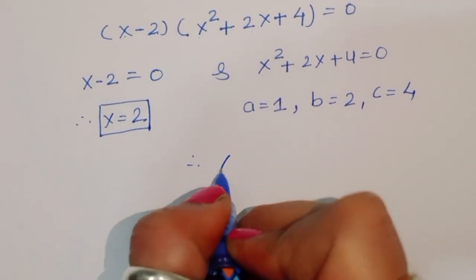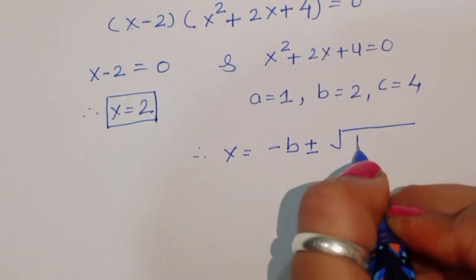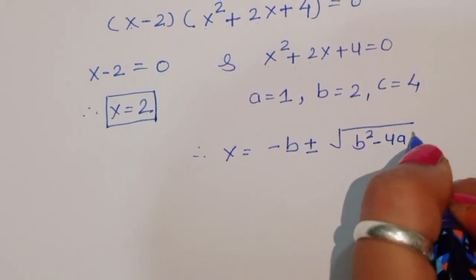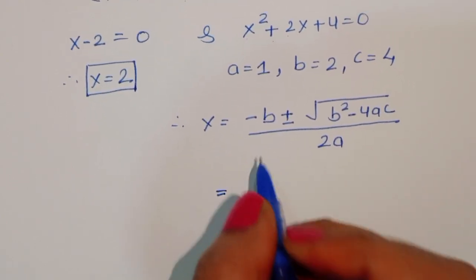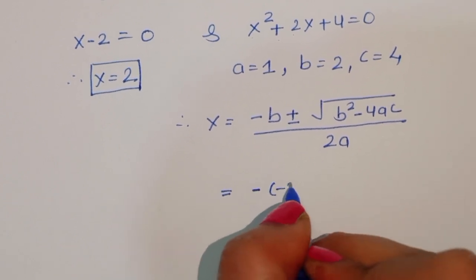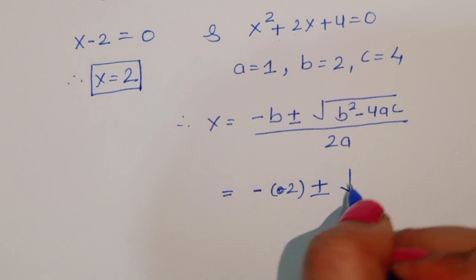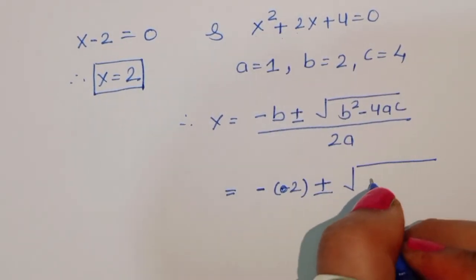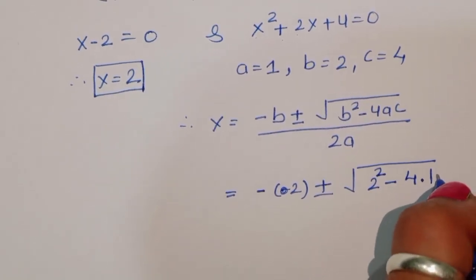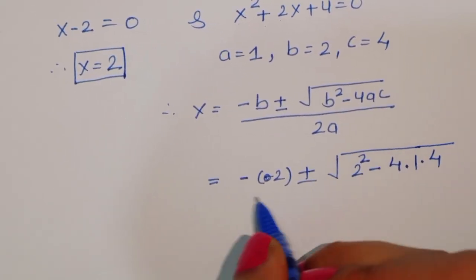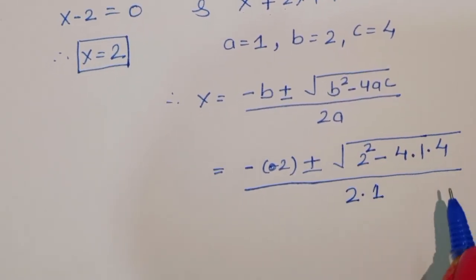Now we know the formula: x is equal to minus b plus minus square root of b square minus 4ac, upon 2a. Using this formula, minus b, that is minus 2, plus minus square root of 2 square minus 4 times a, 1, times c, 4, upon 2 times a, right?